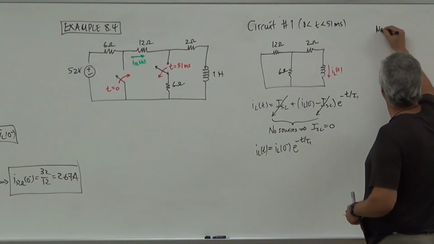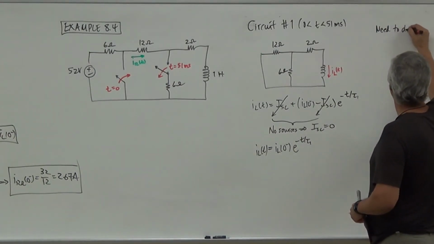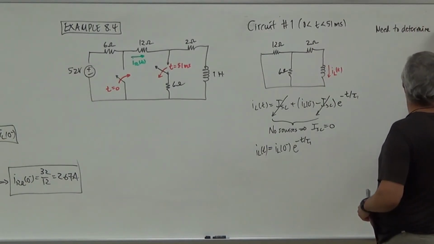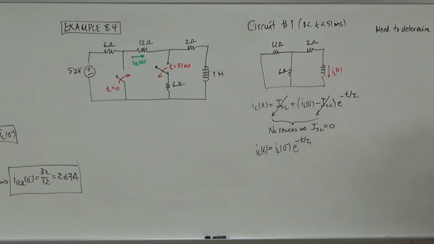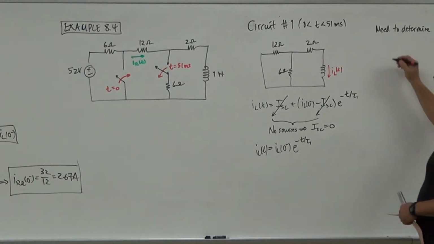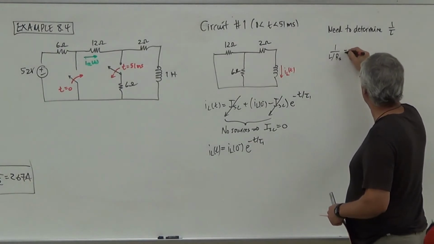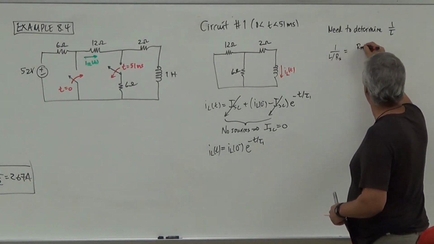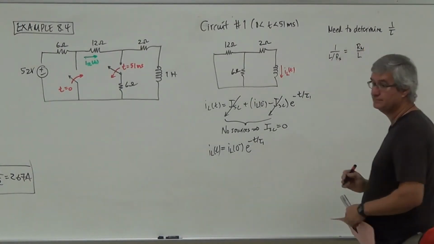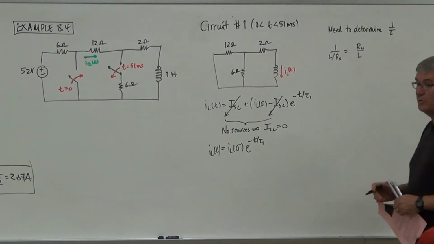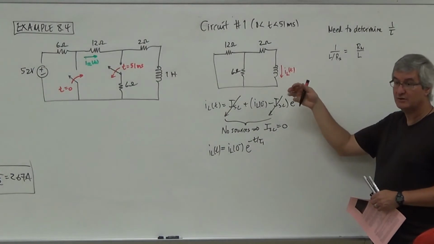So we need to determine 1 over tau. So what do we remember about 1 over tau? Remember, 1 over tau is Rn over L. So I got to go calculate the Thevenin resistance. Let's see if we can do this here.